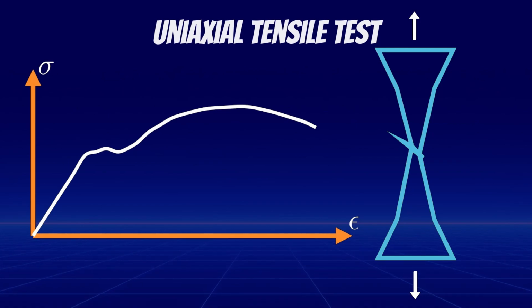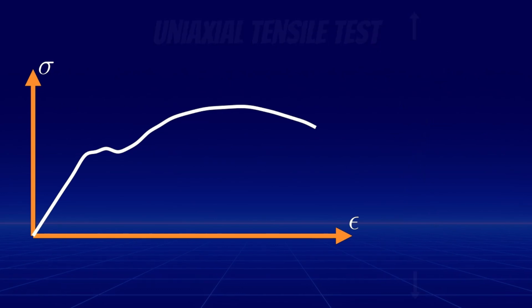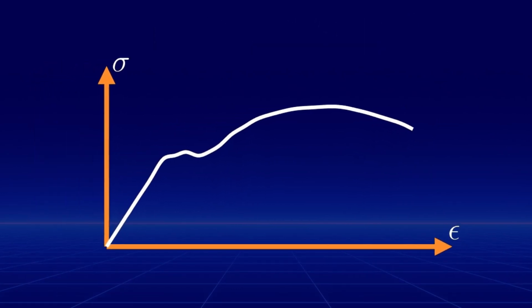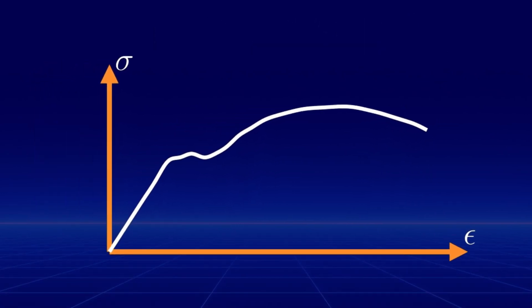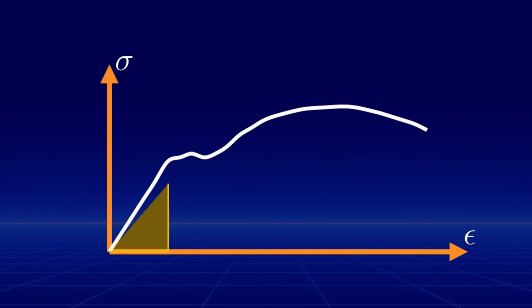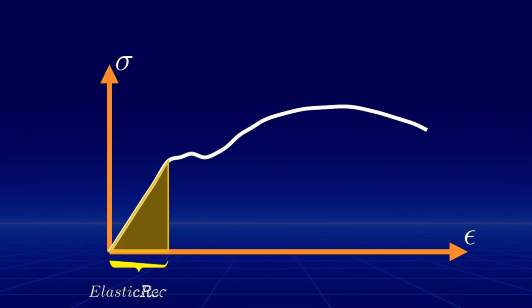Let's examine some important properties revealed by stress-strain diagrams, which help illustrate their importance in engineering. The first thing to note in these diagrams is the different regions under the curve. Typically, there are two main regions. First, the elastic region. This region ends at a point where the curve starts to deviate from a straight line.